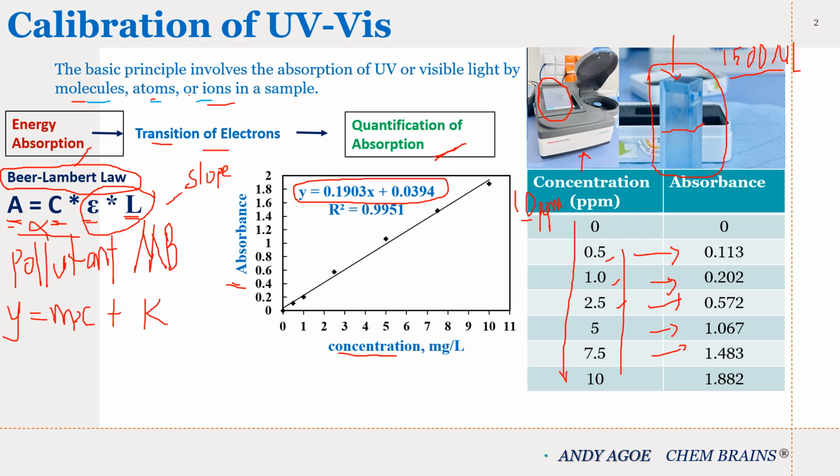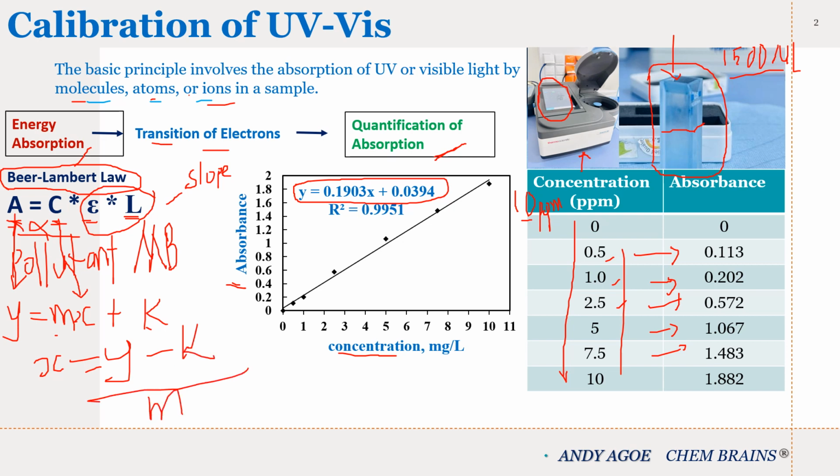Okay, so if we compare absorbance with the equation of a line, then absorbance is proportional to y, and concentration is proportional to x. Therefore our slope is m and our intercept here is k. What are we interested in? We are interested in x, which is the concentration. So let's make x the subject in the equation of a line. So x is equal to y minus k, all over m.